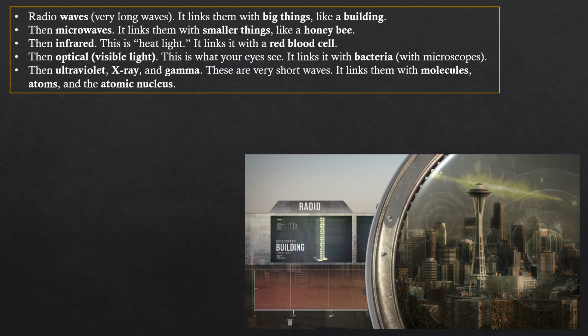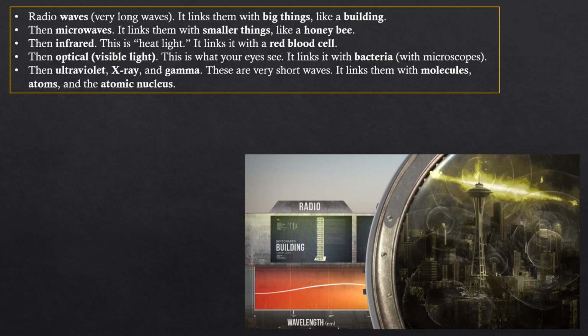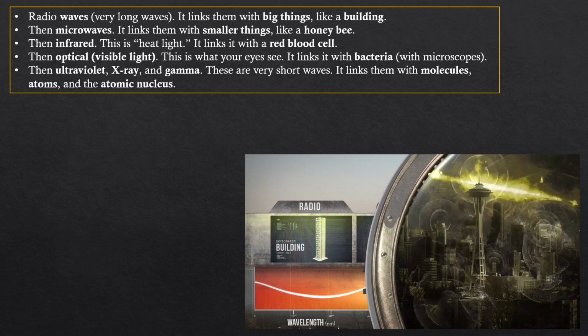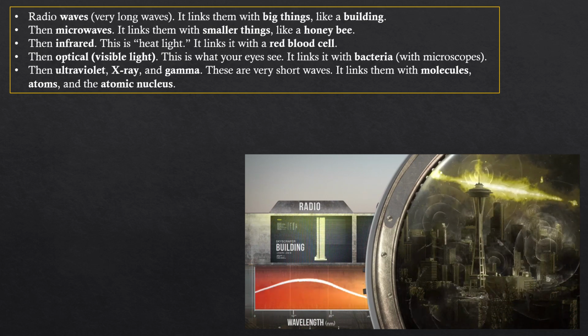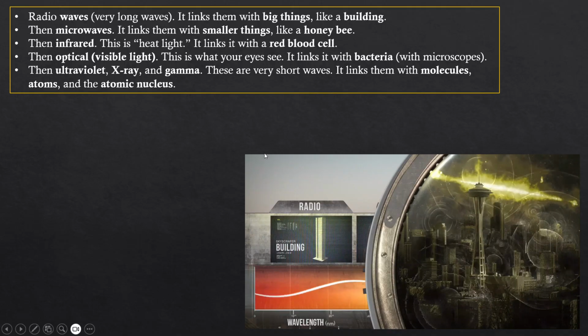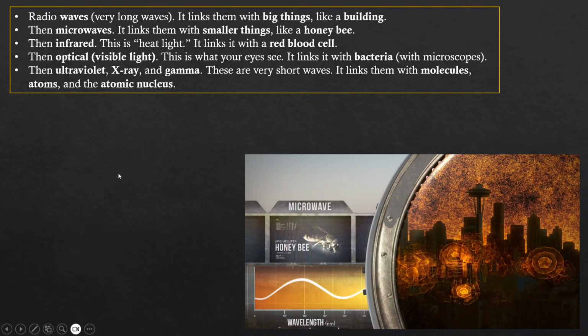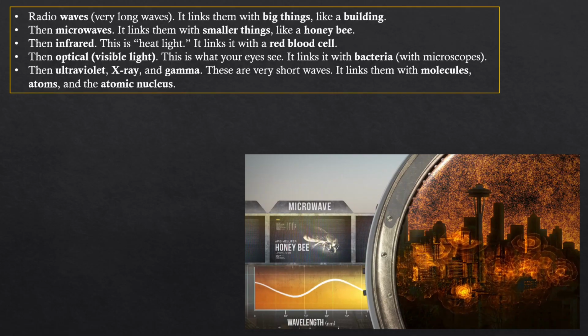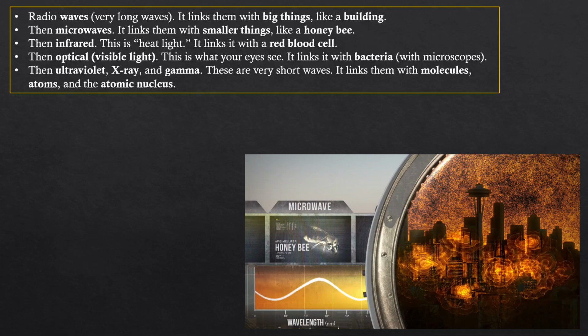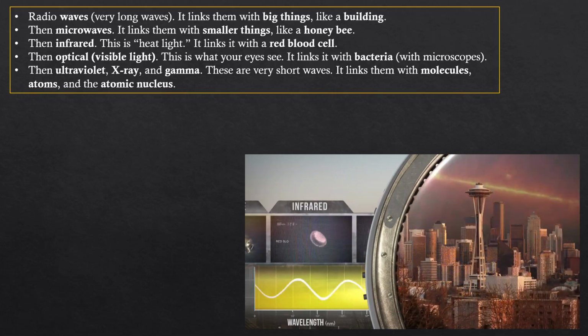In this video you can see the different waves we can see in the different parts of the spectrum. This is the radio wave. This is the microwave, which has a very large wavelength. Now the wavelength will be decreasing.